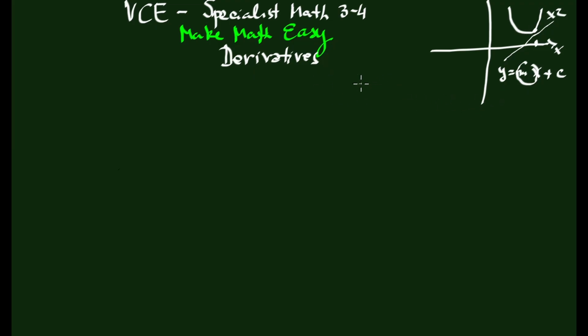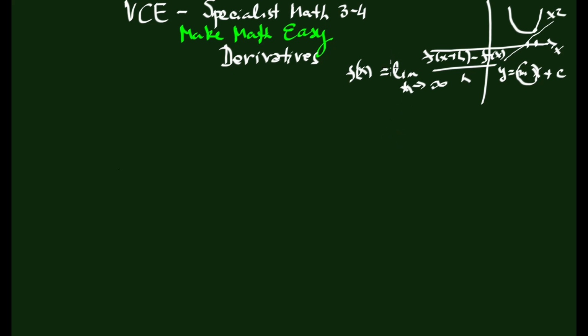The other way of saying it is that it's f prime of x, that's a derivative, equals the limit when h goes to zero, where h is a small advancement of the x-axis, so that's f of x plus h minus f of x, divided by h.